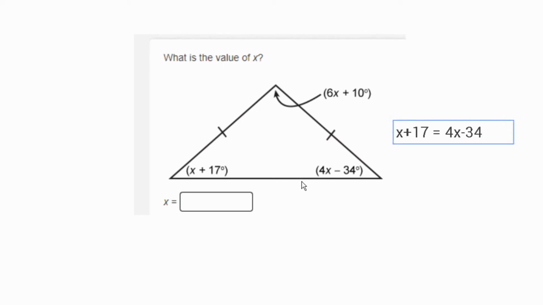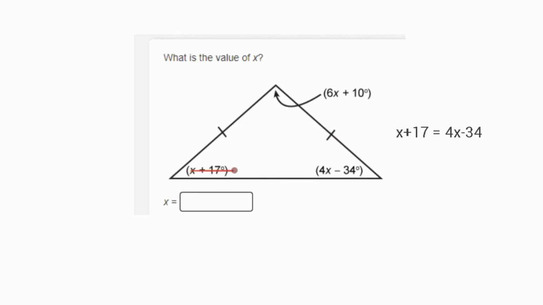And how I deduce that is because this and this mean that these two sides are equal on a triangle, and they are connected to the exact same base, and so the angles that they create are the exact same.